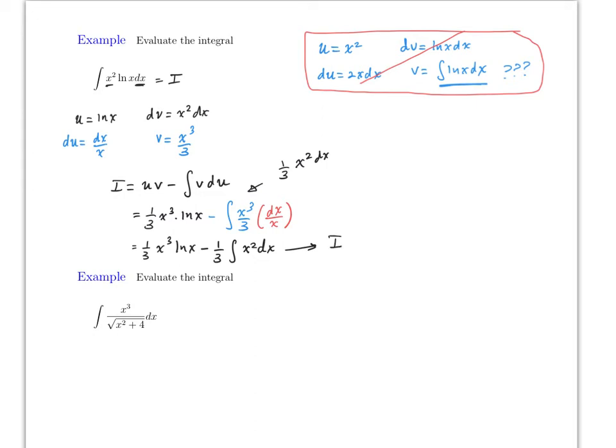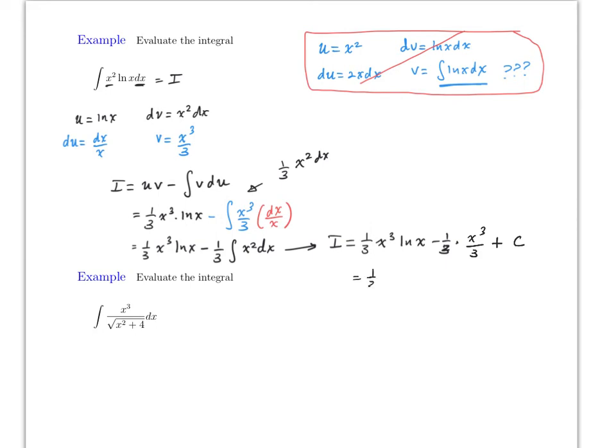and therefore the final answer is going to be 1/3 x cubed ln x minus 1/3 times the integral of x squared, but the integral of x squared is x cubed over 3, then the whole thing plus c.